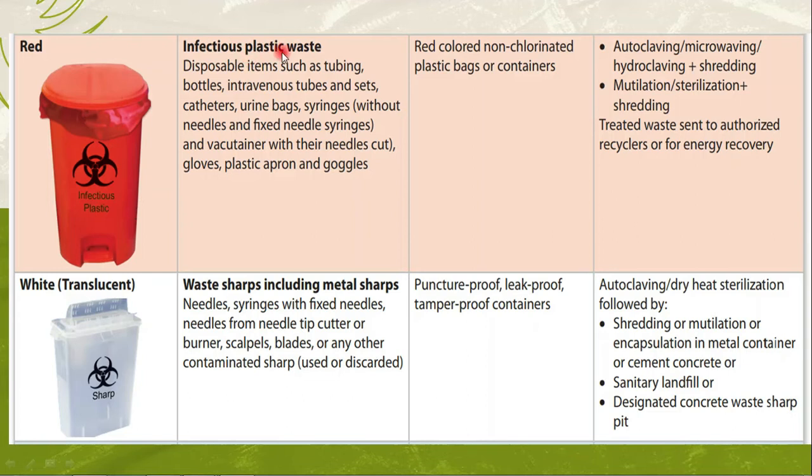So infectious plastic waste, disposable items such as tubing, bottles, intravenous tubes and sets, catheters, urine bags, syringes without needles, fixed needle syringes, and vacuum containers with their needle cuts, gloves, plastic apron and goggles should be discarded in red colored non-chlorinated bags or containers, and they will be further treated with autoclaving, microwaving, hydroclaving plus shredding.